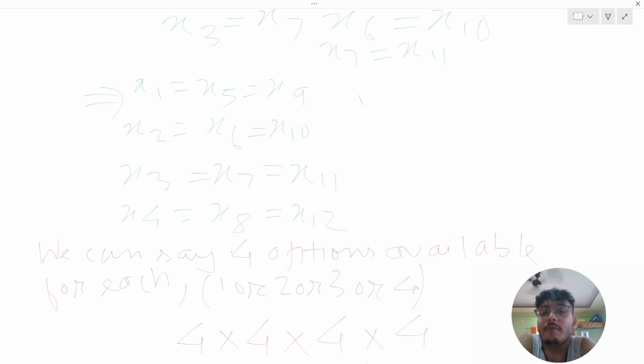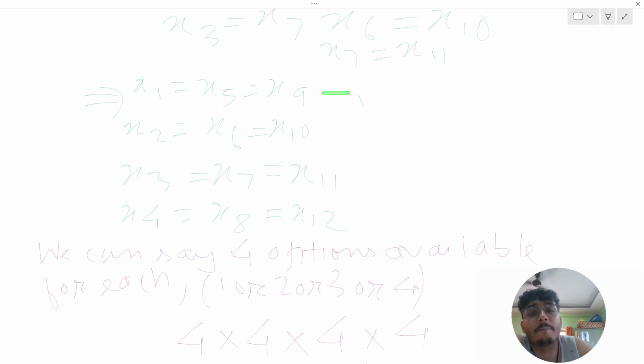So ultimately we only have one way of filling x1, x5 and x9 once x1 is chosen, since x1, x5 and x9 are always going to be the same. There are 4 ways of filling x1, and then x5 and x9 follow the same way. So either we put one ball in x1, x5 and x9, or 2 balls, or 3 balls, or 4 balls.